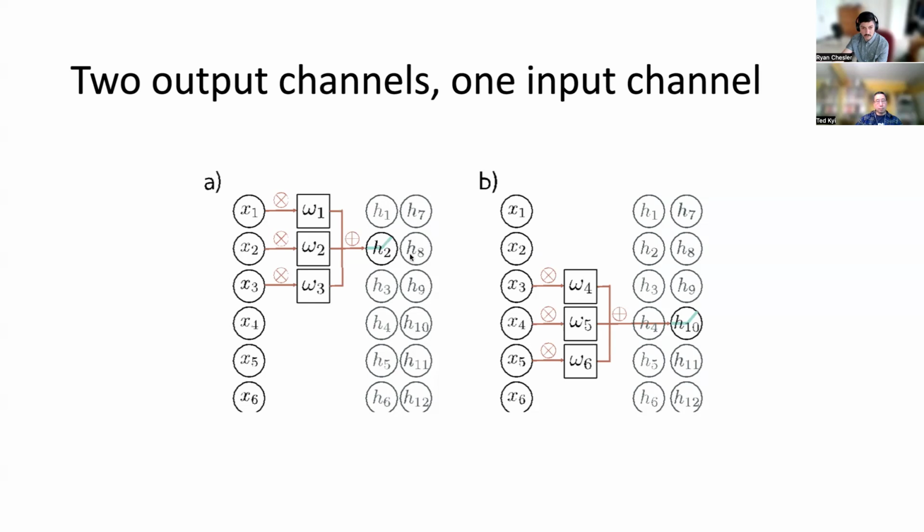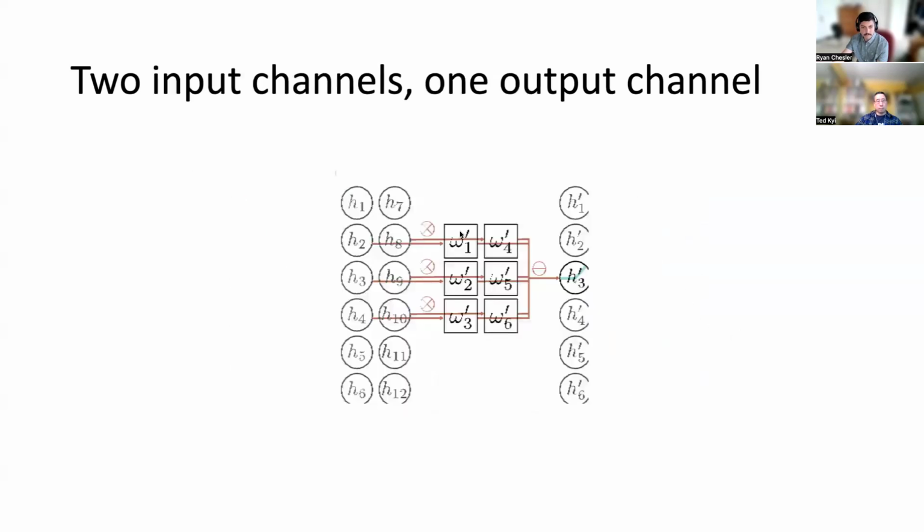This is what it looks like when you get these 2 different channels of inputs for a given pixel. You have these 2 sets of weights, so now we have 2 channels, and then we have 2 sets of weights getting reduced down to a single output channel as well.